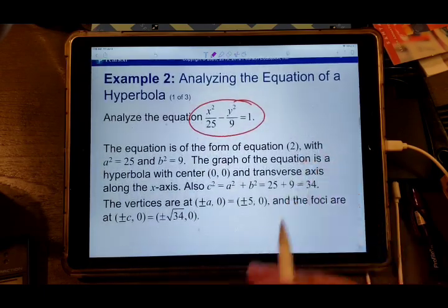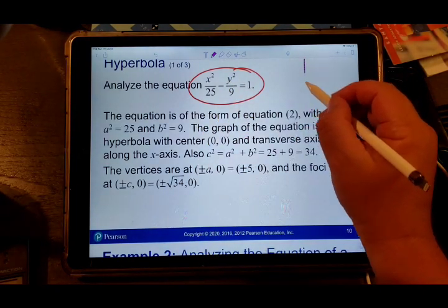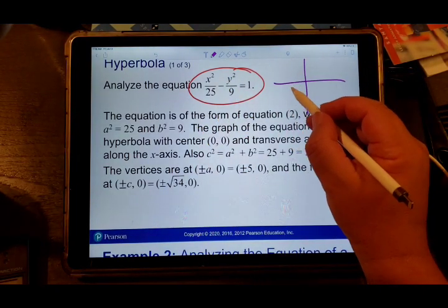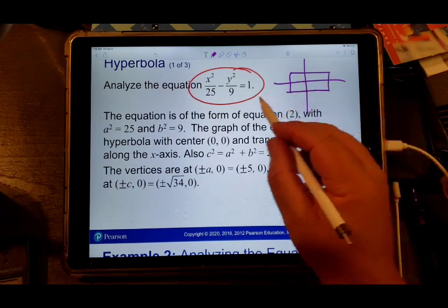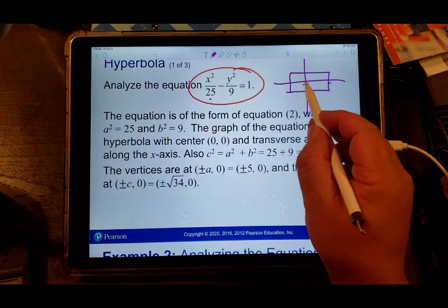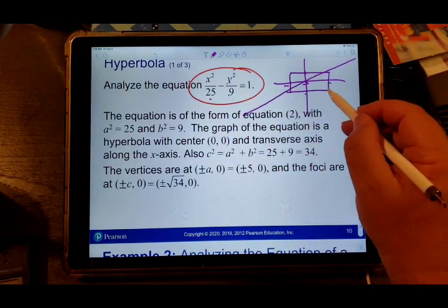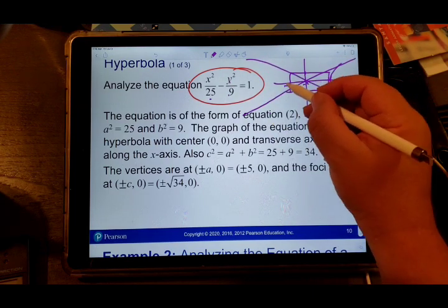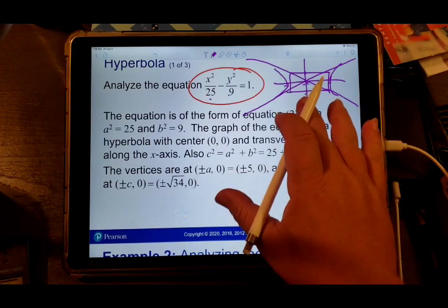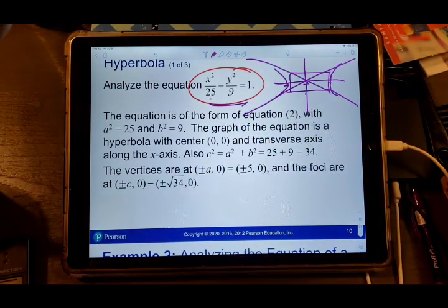All right, so what does the author do on this? Other than not just jump in and start graphing. It's off-centered, but if I went 5 to the left, 5 to the right, if I go 3 up and 3 down, we're really off-centered. And graph this thing. I just want you to be able to graph this like this was Algebra 1.